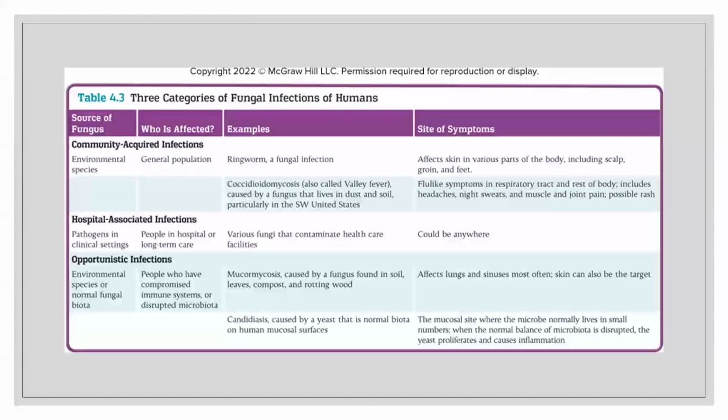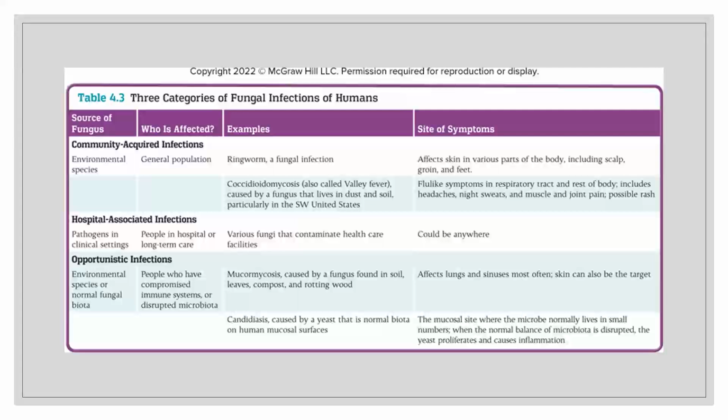Environmental infections would be things like ringworm that can affect various parts of the body, has kind of a ring-shaped wound to it. It can be often in the feet, but it can also appear on the scalp or groin. Maybe valley fever you may hear occasionally that presents as flu-like symptoms from a fungus in the soil.